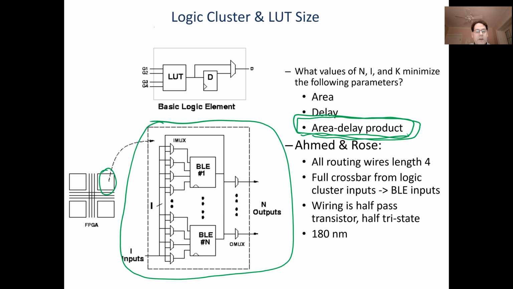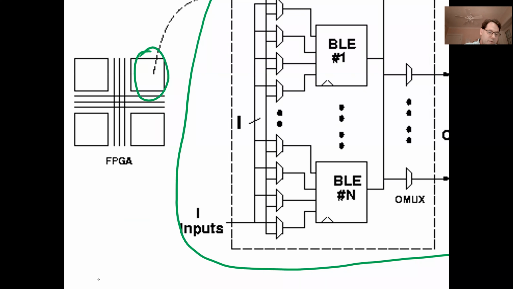So that's very hard to do, to kind of simultaneously explore all parts of an architecture. So what they do is pretty reasonable. They pick what is known to be a pretty good routing architecture. So they say all the routing wires are length 4. So they go past 4 logic blocks before they end. They have to choose how this local routing works.